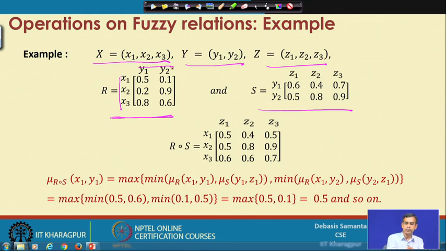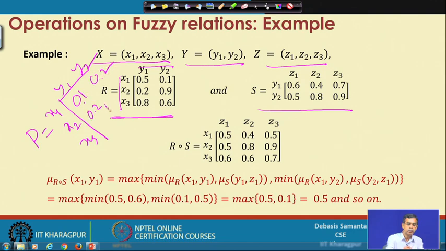For example, suppose I define another relation P over x1, x2, x3 and y1, y2, with entries 0.1, 0.2, 0.2, 0.5, 0.3 and 0.4. So, this is the relation.